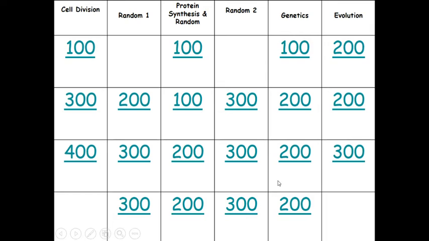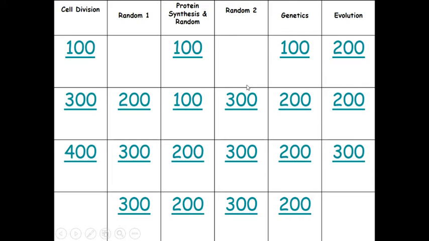All right, here we go. Let me get my timer set up. We're going to do one column at a time, so we're going to do all the cell division stuff first. This is from meiosis, which was in chapter 11, and mitosis, which was 10-2.